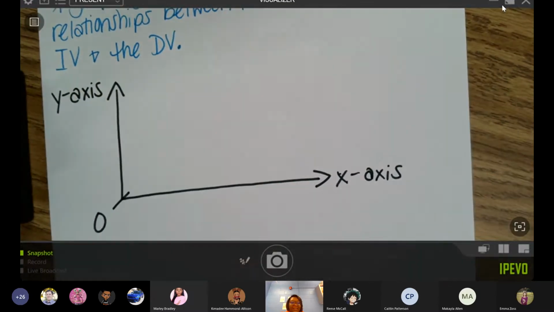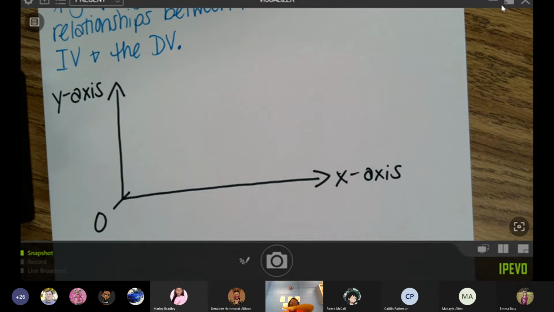To help you remember this more, put up one arm. X, X, X, X, Y, Y, Y, Y. So my y-axis is my vertical axis. My x-axis is my horizontal axis. When we're graphing here, I'm going to move this up a little bit more.